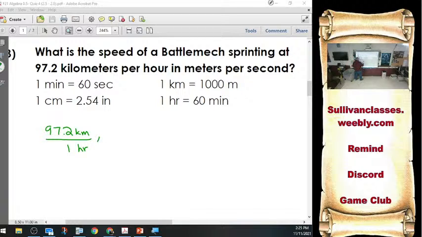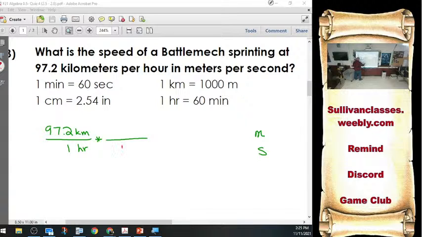So, I'm going to multiply by a thing. If I want to get from kilometers an hour over to meters per second, I have to change kilometers over to meters. Do I have that conversion? Yes. So what goes where?